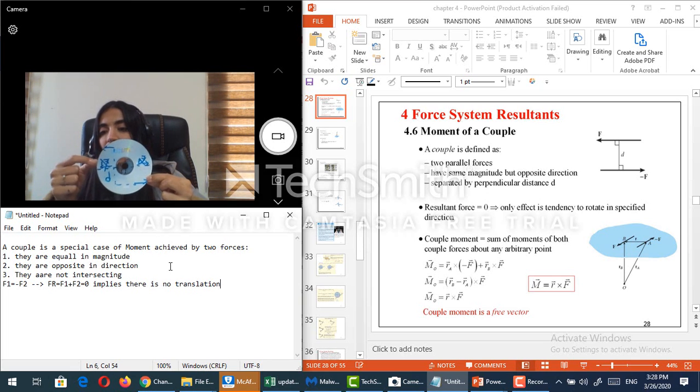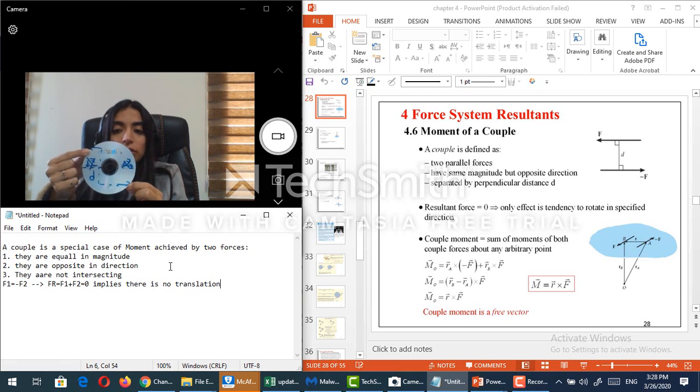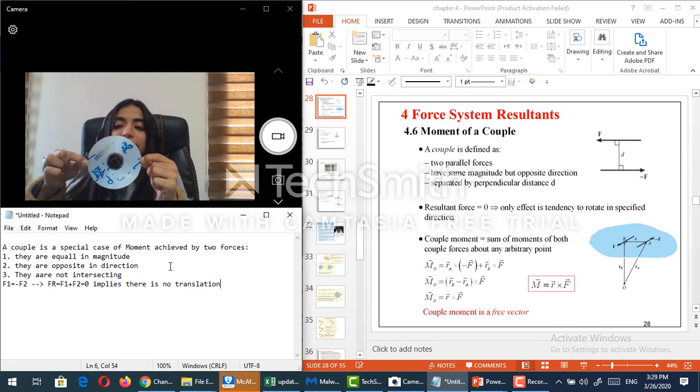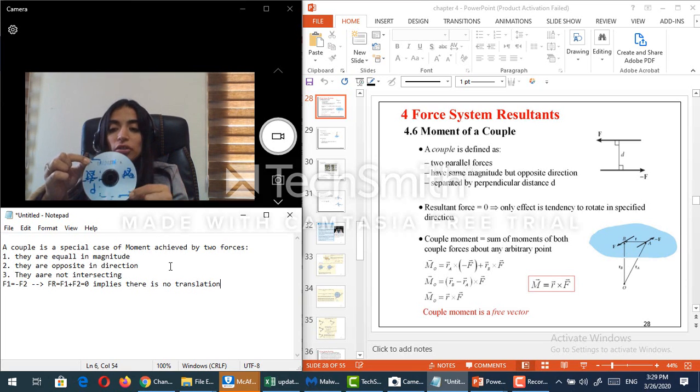So what if I apply two forces equal in magnitude, opposite in direction, and the distance between them is equal to D? Now they are not intersecting. In this case, you can see that by applying these two forces, I will have a rotation.